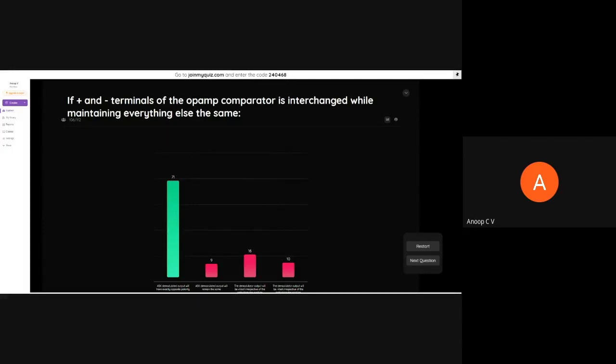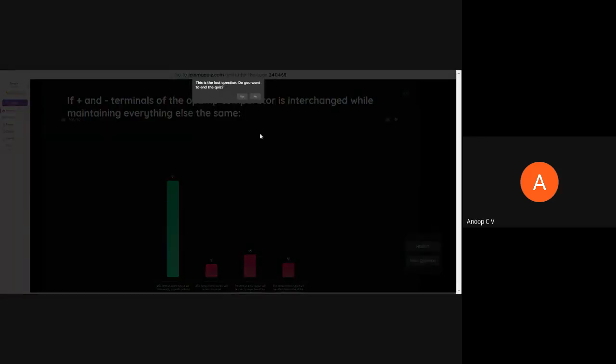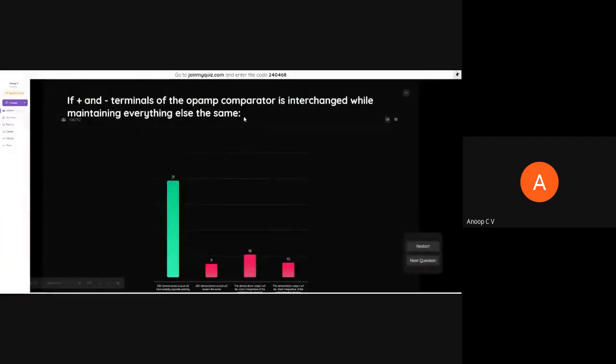The only difference is that now we'll be giving the envelope detector output to the inverting terminal and the reference to the positive terminal. So when positive is less than negative, we'll get negative, and when negative is less than positive, we'll get positive. So that polarity will be reversed. That's it, that's about today's quiz. So we'll end the quiz.